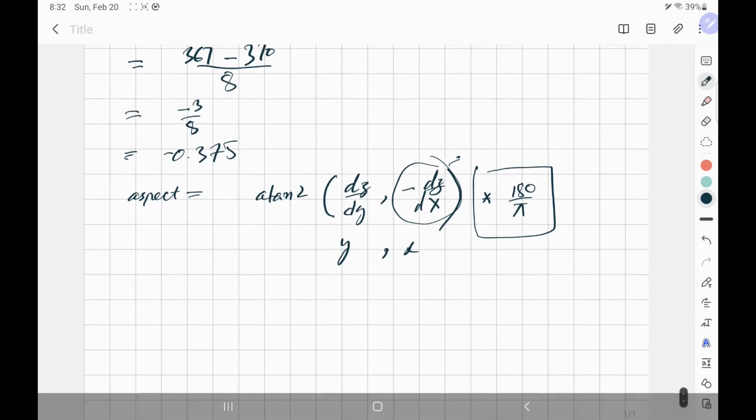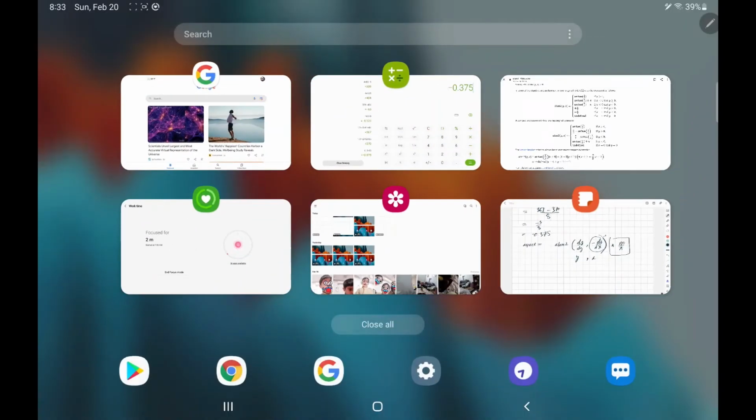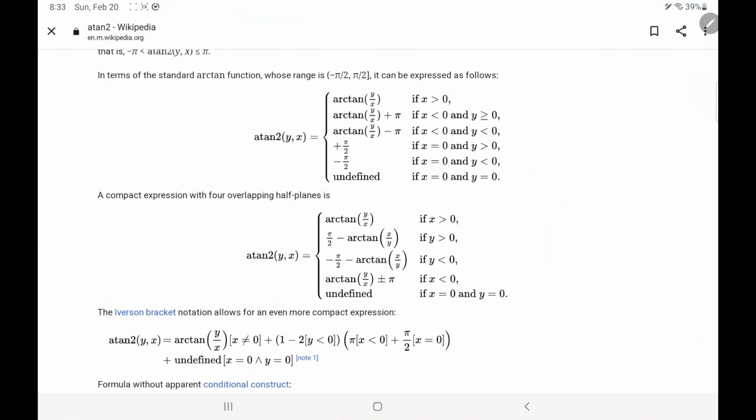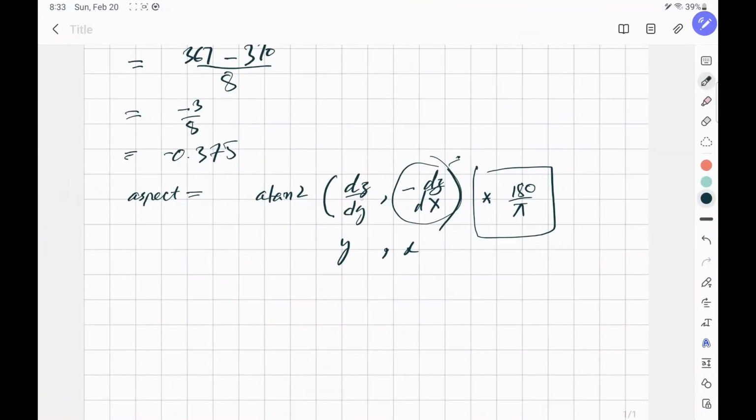So x is positive, and we can directly use the first formula. Let's go for the other conditions as well. Are both 0? No. Is y positive? No, the y component, which is this one, is negative.